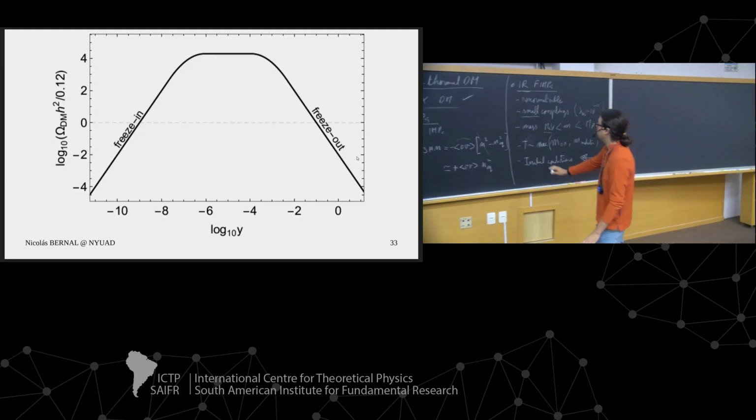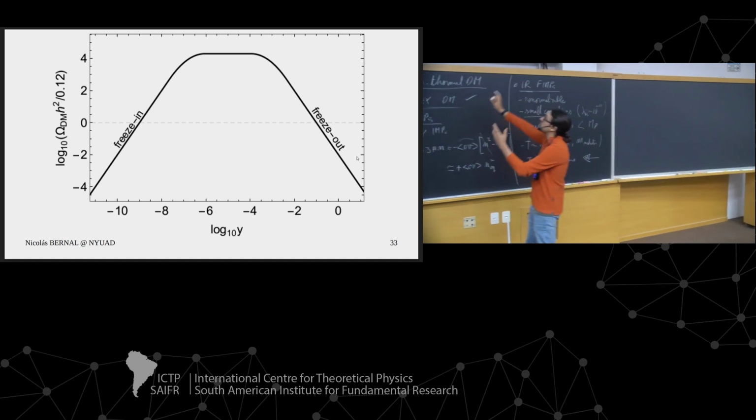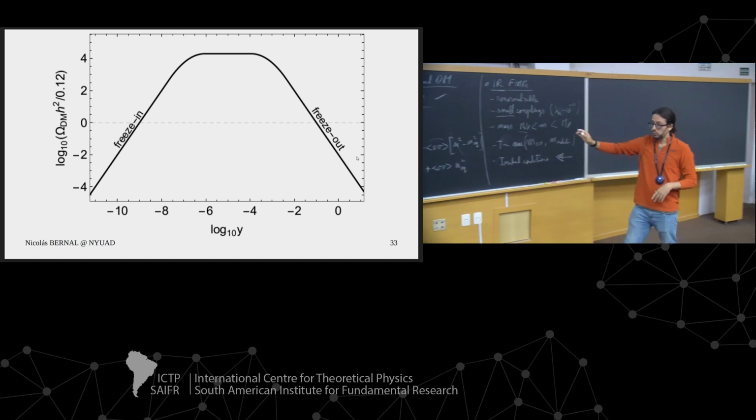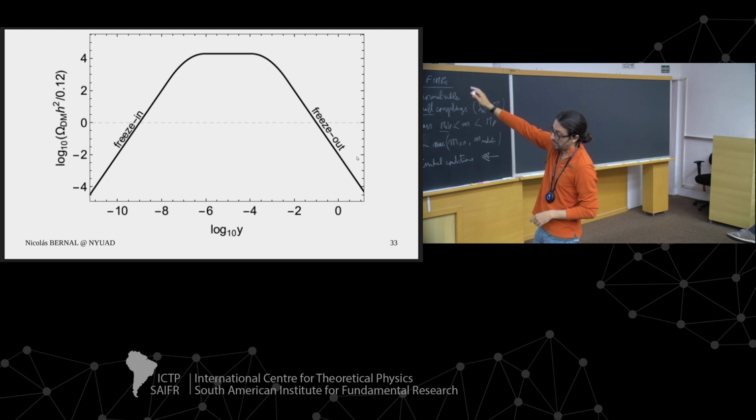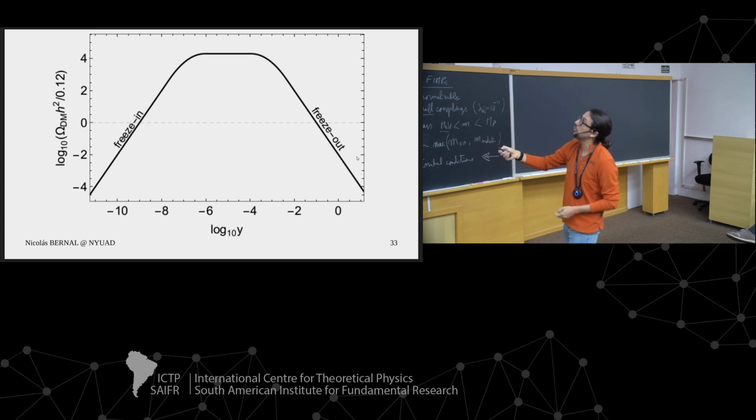Okay, so if you remember, it's exactly the same Boltzmann equation, so it's just a sketch. I'm showing you the value of the coupling on the x-axis. This will be like the Higgs portal coupling in our case. And on the y-axis, I have the dark matter abundance, normalized to the value that we observe. So we want to be here basically at 1.